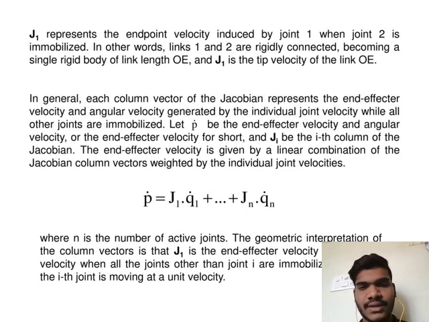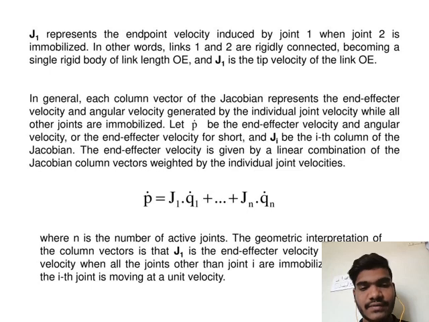Let P be the end effector velocity and angular velocity, or the end effector velocity for short, and Ji be the ith column of the Jacobian. The end effector velocity is given by a linear combination of the Jacobian column vectors weighted by individual joint velocity.